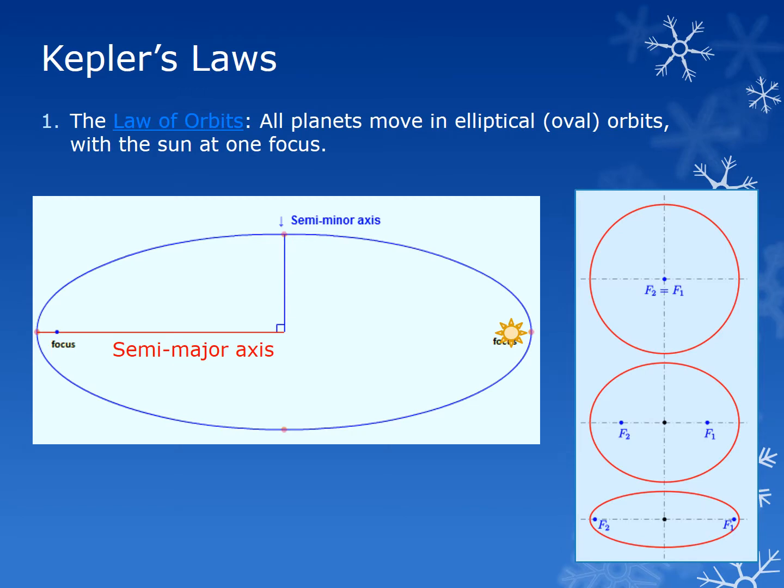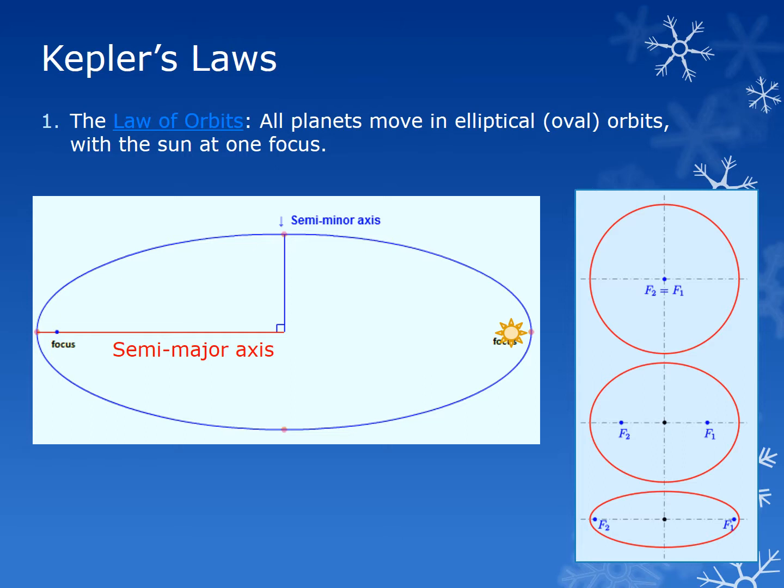So the first law is the law of orbits. All planets move in elliptical orbits, which is essentially like an oval, with the sun at one focus. So over here on the right side of the screen, there are 3 different ellipses.